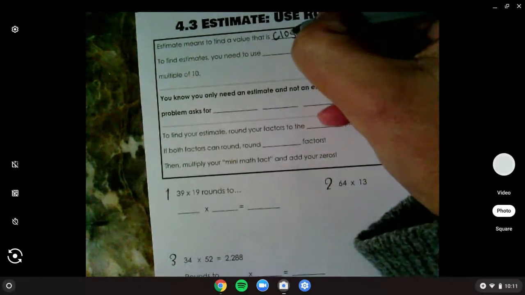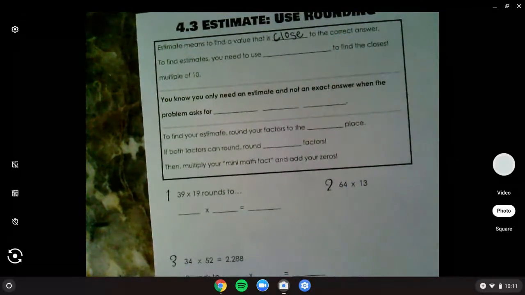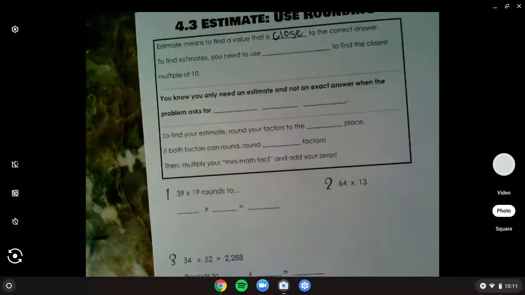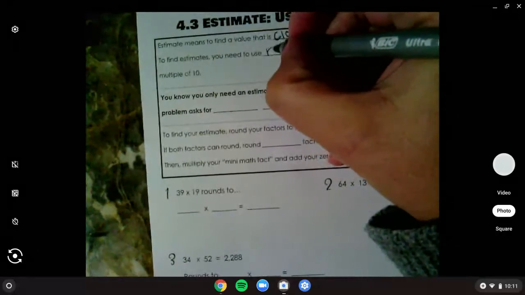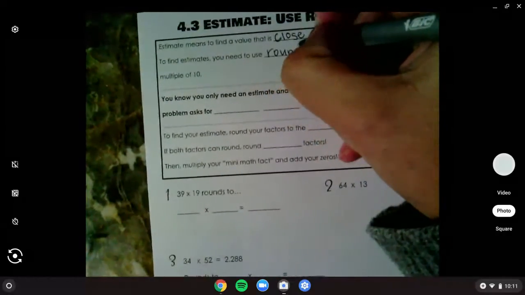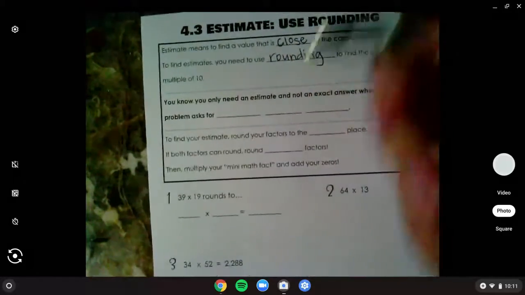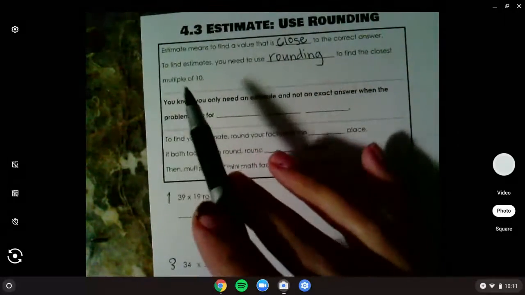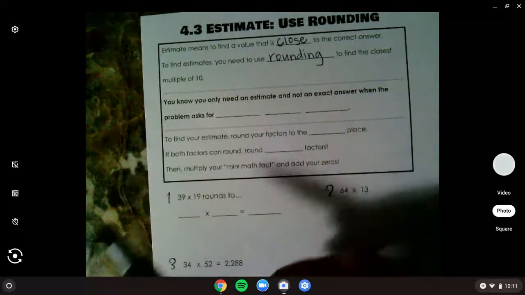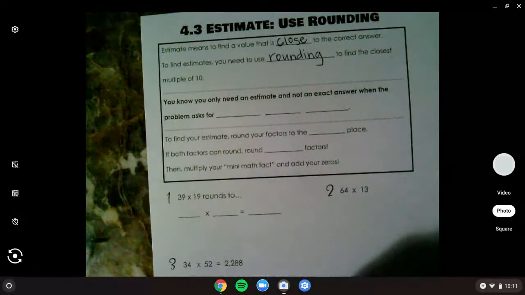C-L-O-S-E. Go ahead and fill that in on your worksheet to the correct answer. To find estimates, we need to use rounding.